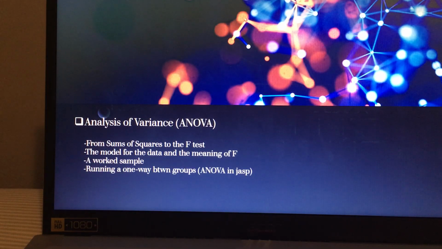Keeping that in mind, let's go ahead and do first some long calculations before we work it in the software. So we're just going to do this for the first 5 observations. So let's start by calculating the sum of squares for within groups.